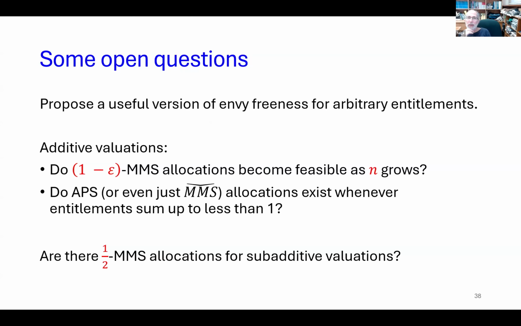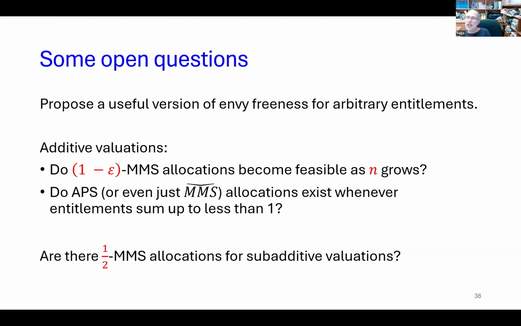The first one is a conceptual one. We discussed here share-based notions, and the reason why I did not discuss envy-freeness-based notions is because I don't know of a good notion that passes the sanity check that we did before of dividing a homogeneous divisible good.